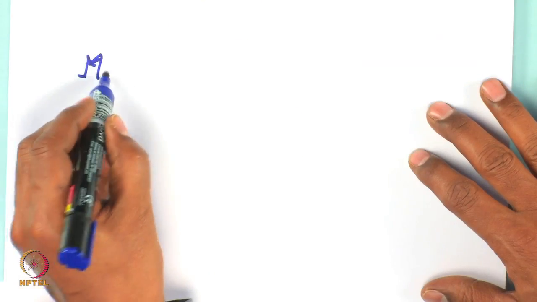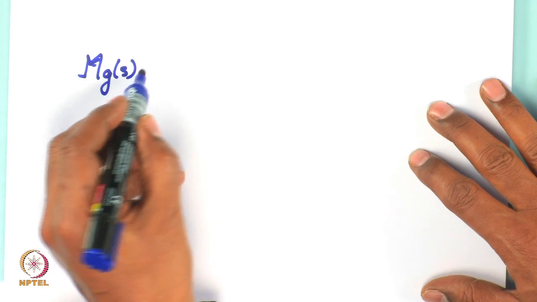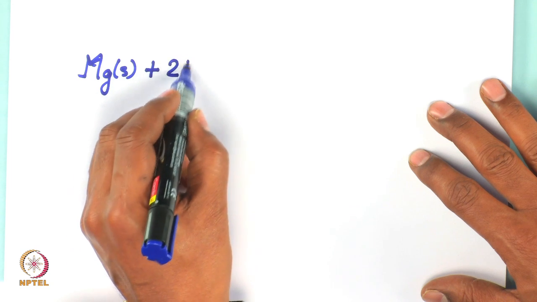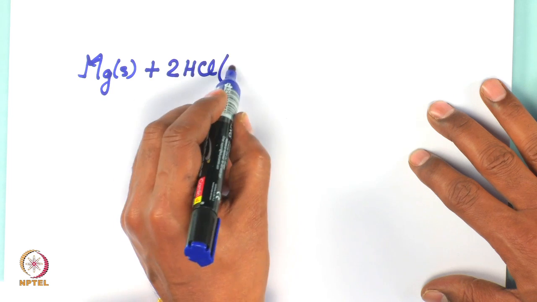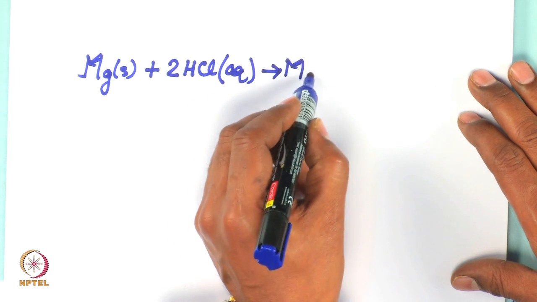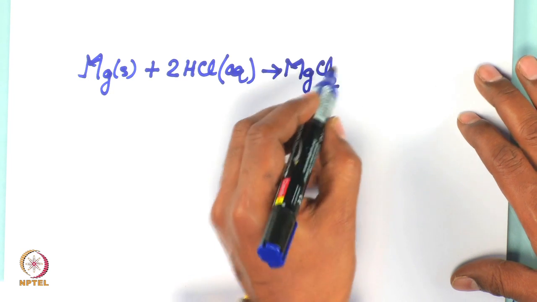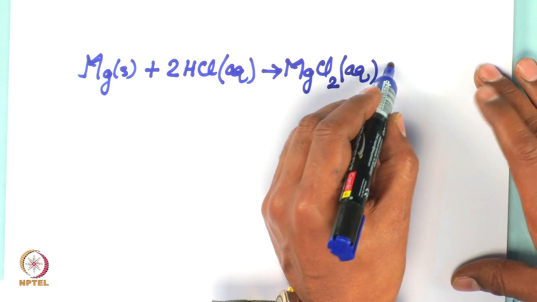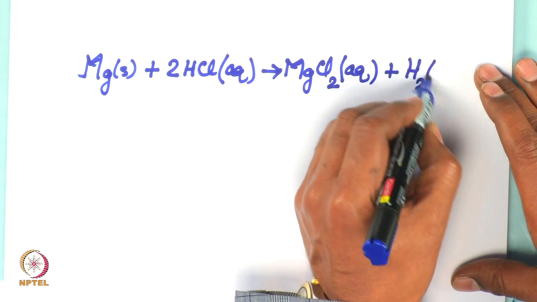We have here magnesium, 15 gram of which is dropped into HCl. So, work is done due to what? Let us see what happens. You have magnesium solid and you add to HCl. What you get is magnesium chloride plus hydrogen gas.